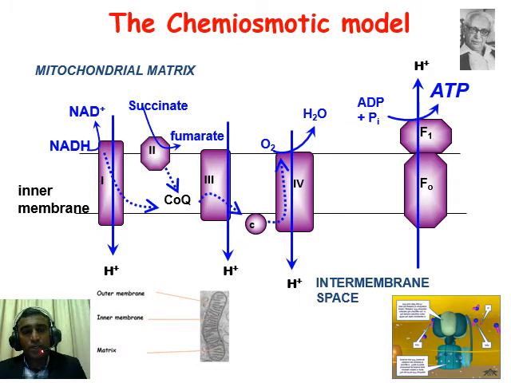This is an interesting chemiosmotic model that was suggested by the person whose picture I put there, Peter Mitchell, in the early 1960s. When he wrote the journal and provided this chemiosmotic model, the contemporary scientists at that time were not happy with him because they had a different understanding about how ATP is made in the electron transport chain. For them, the electron transport chain only exists, it does not couple with oxidative phosphorylation.